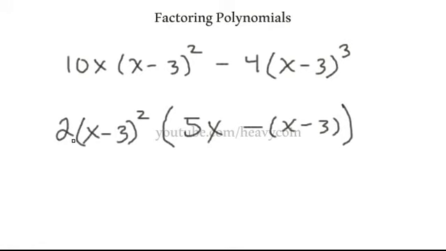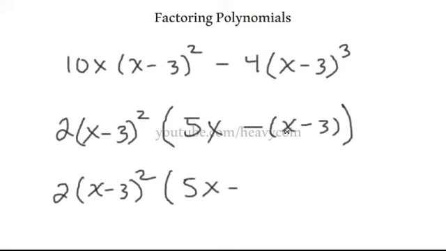And you can always check this by taking this and distributing it back inside and getting back exactly what we started with. But we can actually simplify this down a little bit, and we're going to always want to do that. So this becomes 5x minus, distribute this negative across, plus 3.